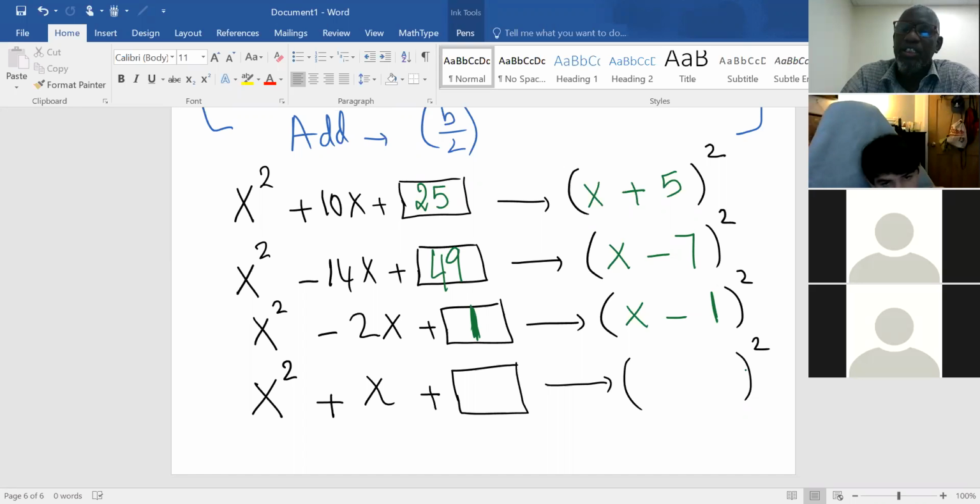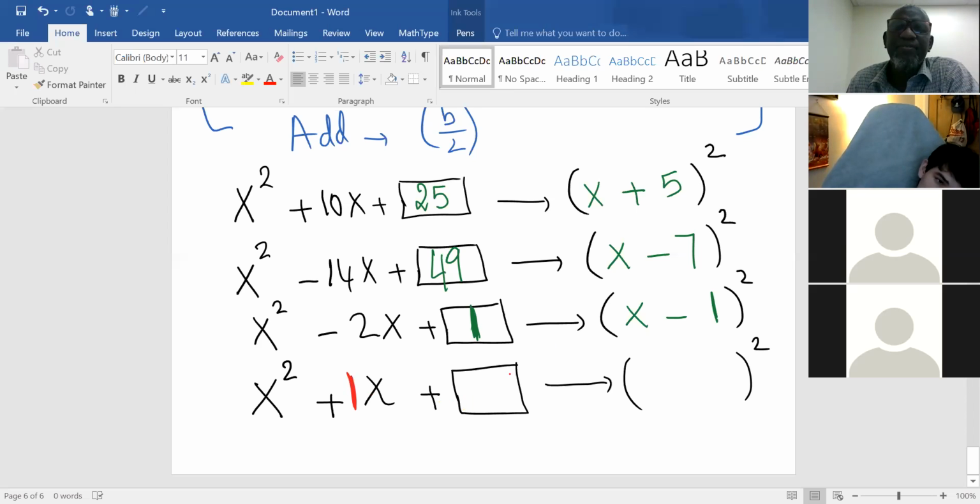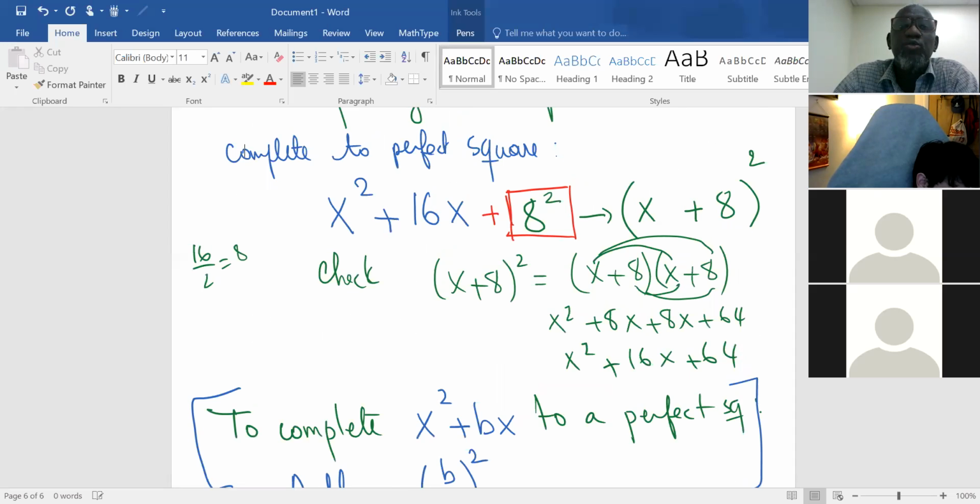The 1/2 comes from half of the invisible 1, the one that we don't see, which is here. And this 1/4 comes from 1/2 squared, right? And it's going to be x plus 1/2, whole square. Okay, that is just how to complete the perfect square.